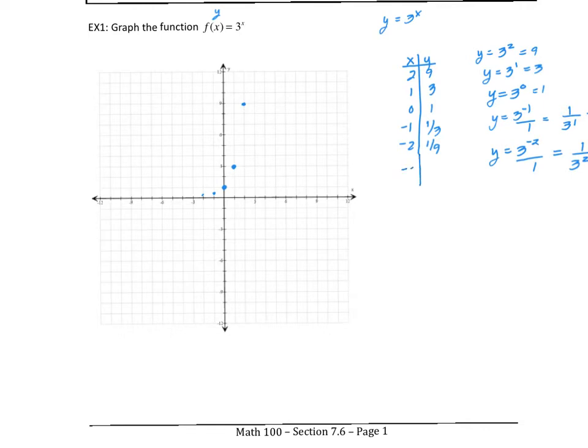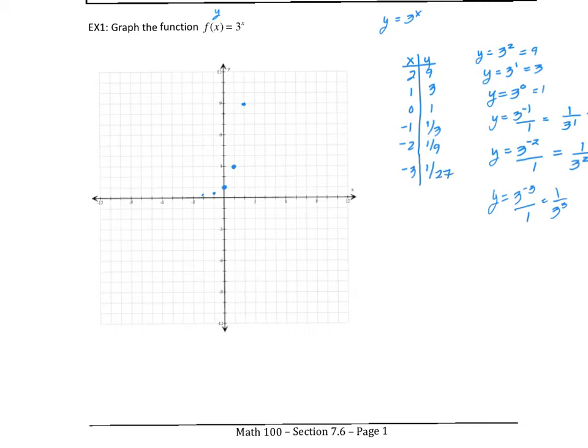If I put in a negative 3, then my y value is going to be 3 to the negative 3, which would be over 1, and that would be 1 over 3 to the third. So that's 3 times 3 times 3. It's going to be 1 over 27.